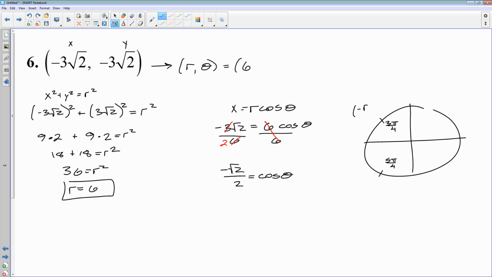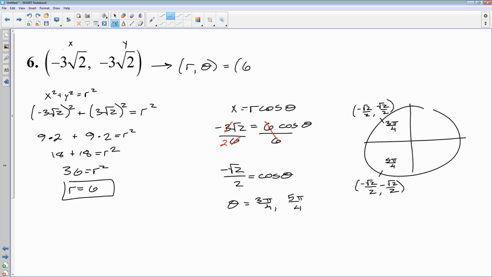In both of these ordered pairs, my x coordinate is negative root 2 over 2. In the third quadrant, it's negative root 2 over 2, negative root 2 over 2. So we have 2 angles, 3 pi over 4 and 5 pi over 4. We have to choose the angle that fits this ordered pair.